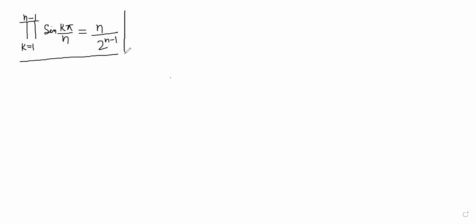To establish this result, I am going to use one identity, the nth root of unity. For that, I am writing this equation: x to the power n minus 1 is x minus 1 into x to the power n minus 1 plus x to the power n minus 2 plus dot plus x plus 1.